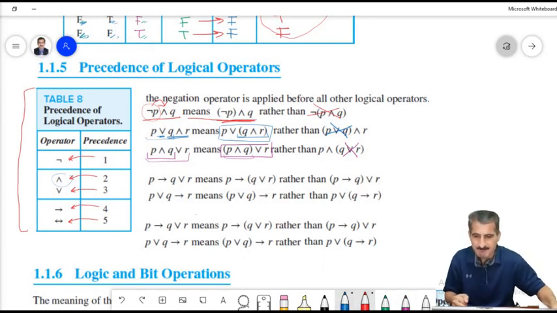Again, we will go for the disjunction before we go to the implies, because the disjunction precedes the implies. So we go for the disjunction and then we go for the conditional statement. We cannot say, okay, because this comes to the left, we go for these two first. No, this is wrong.